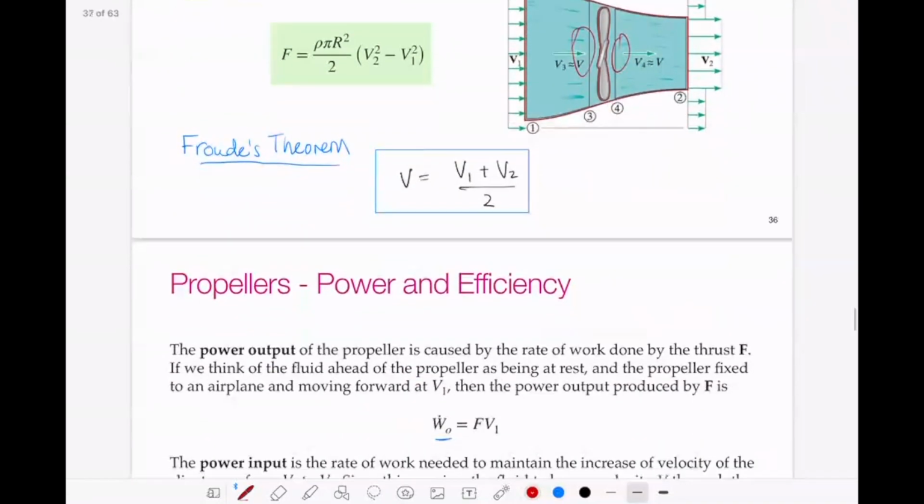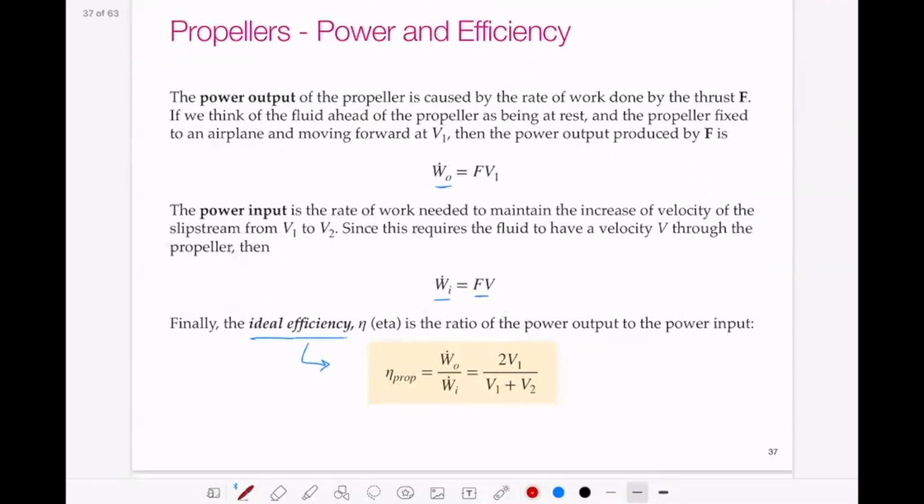And that is the concept that we use to derive our equations for efficiency. So the power output would be the thrust of the propeller times the velocity that the boat is moving, which is equal to that V1 entering the control volume. So our output power, W0 dot, is F times V1.